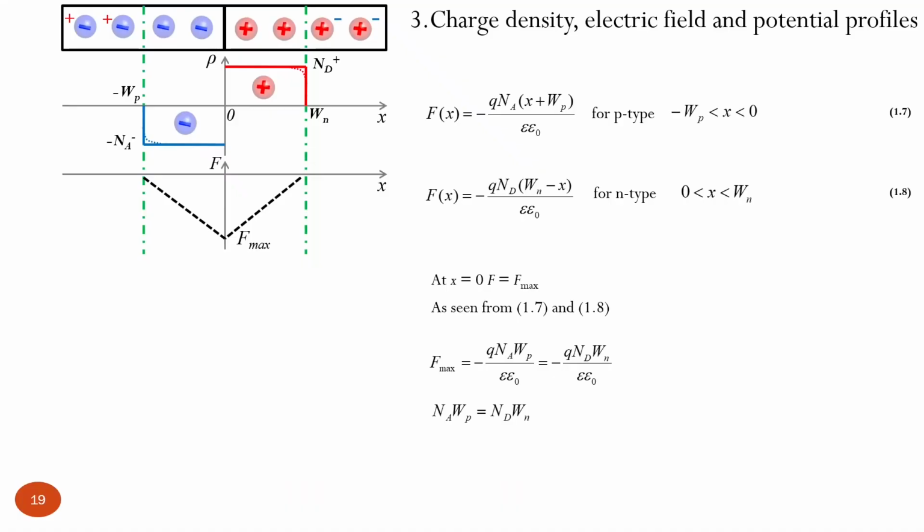Hello everyone. We continue our discussion of p-n junction formation. So we learn, like a short recall, to be on the same page, that when we put two semiconductors together with different types of conductivity, there is diffusion of majority charge carriers and drift of minority charge carriers.